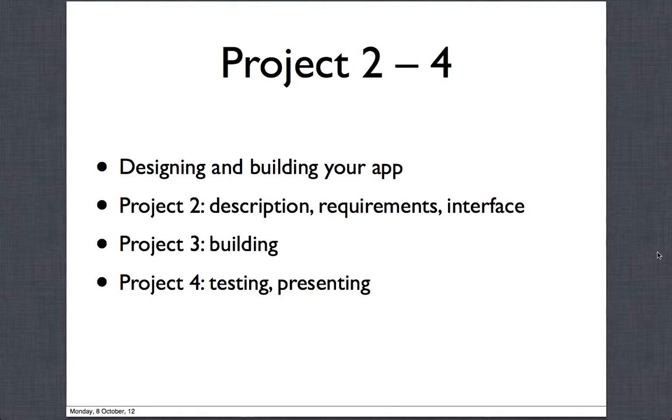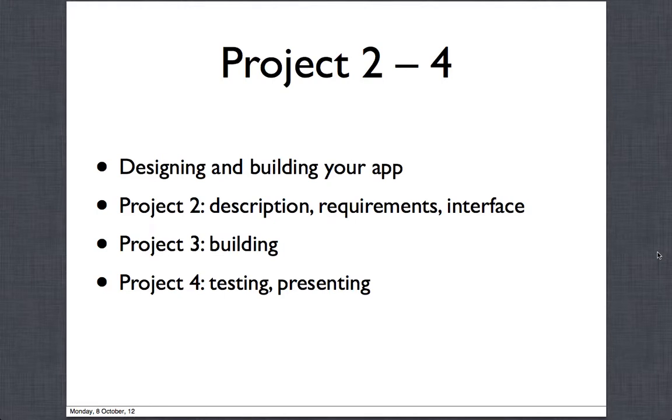And then you have to come up with the interface. So you have to open up Interface Builder and, without writing any code, just put all the buttons, all the text tables and everything else you have, create your interface and submit this package. This will be project 2. Project 3 will be building your application.